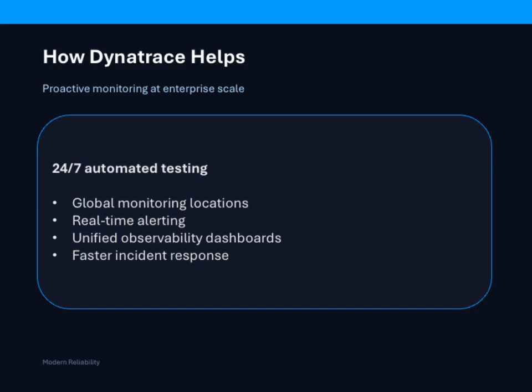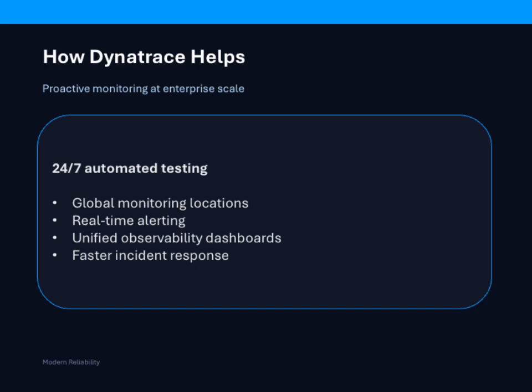Dynatrace provides enterprise-grade synthetic monitoring capabilities. It allows teams to run automated tests 24 by 7 across applications and services. Dynatrace can execute tests from multiple global locations, helping organizations understand performance from different regions around the world.